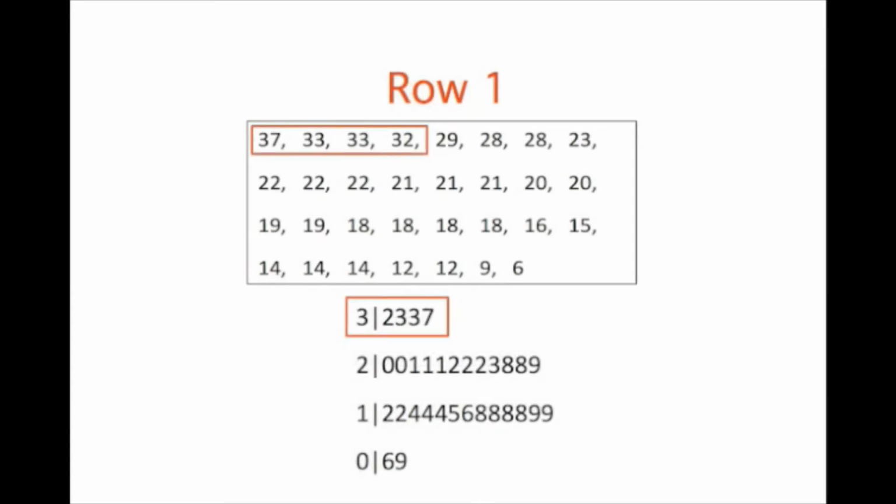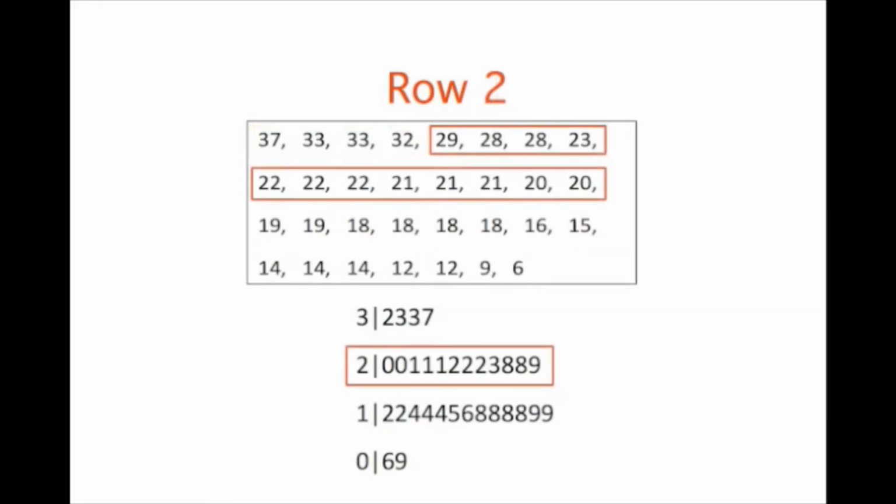To make this clear, let's examine the display more closely. In the top row, the 4 leaves to the right of the stem 3 are 2, 3, 3, and 7. Combined with the stem of 3, these leaves represent the numbers 32, 33, 33, and 37, which are the number of touchdown passes for the first 4 teams. The second row has a stem of 2 and contains 12 leaves.